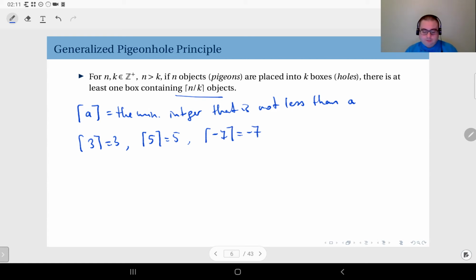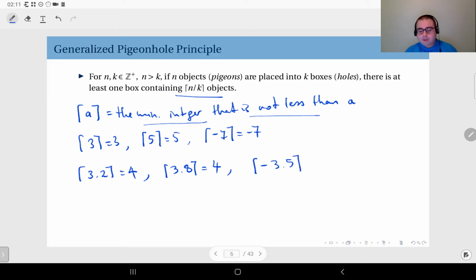Okay, if it's not an integer, for instance, ceiling of 3.2, the minimum integer that is not less than a: well, 3 is less than a, 4 is not, so 4 should be the ceiling of 3.2. Similarly, the ceiling of 3.8 should again be 4. It's a little bit different with negative numbers, for instance, negative 3.5.